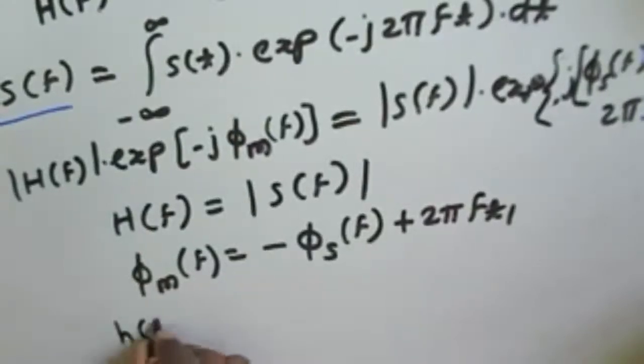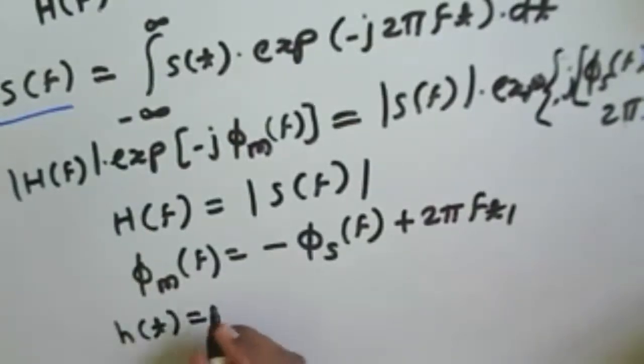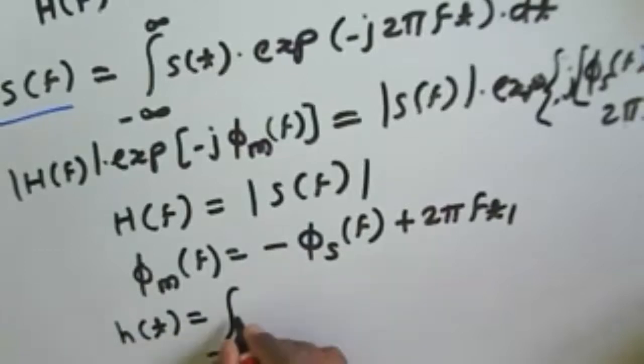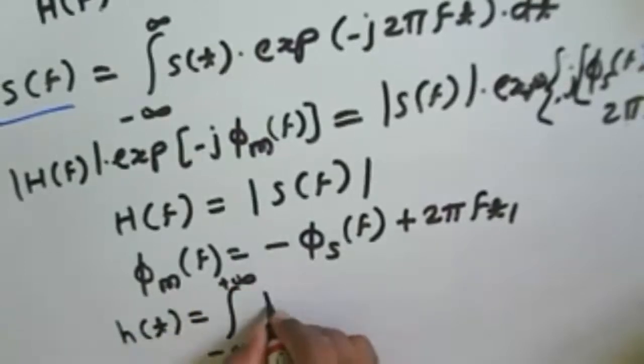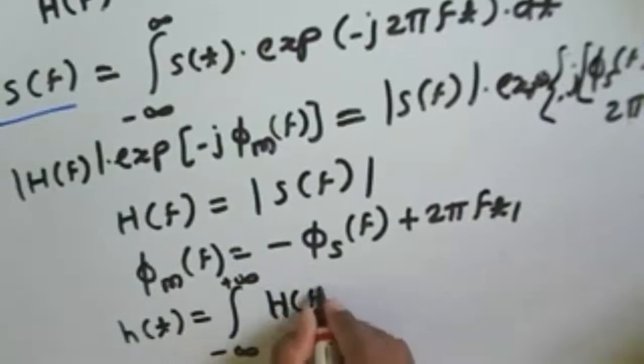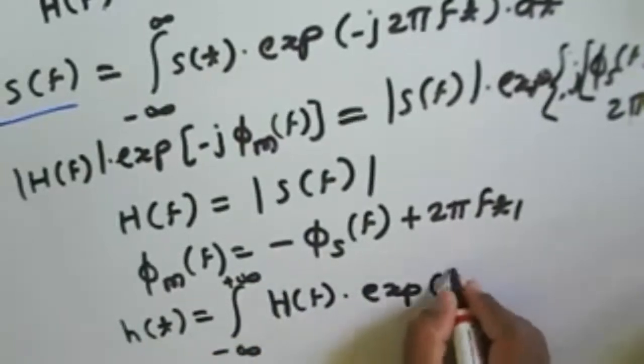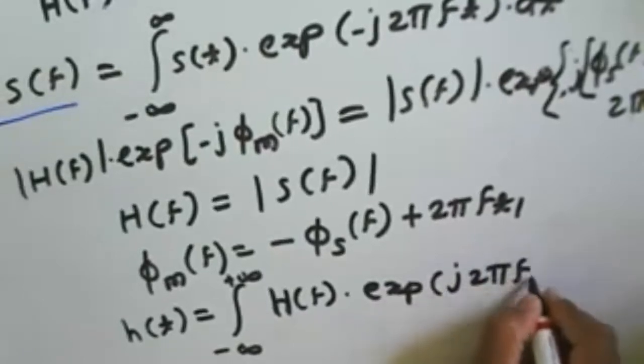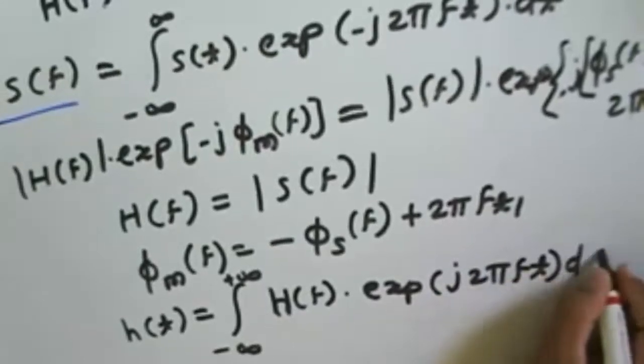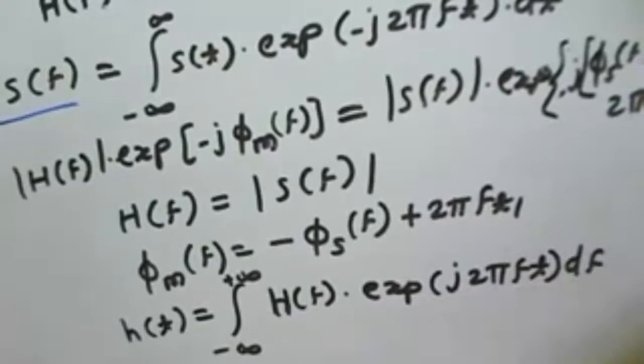In that case, we can say that h of t is equal to the integral from minus infinity to plus infinity of H of f times the exponential of j twice pi f t df. That is about H of f, which is the frequency response function.